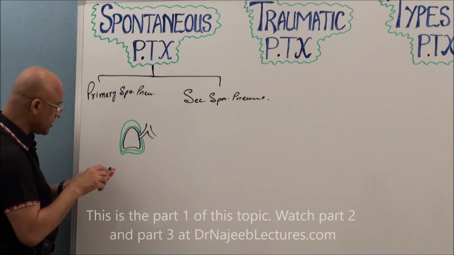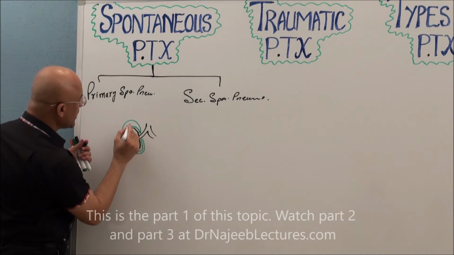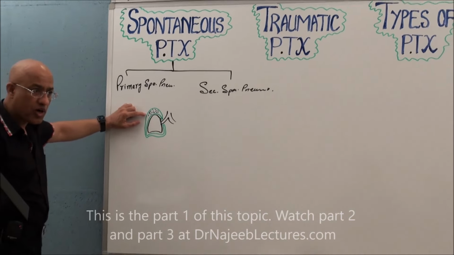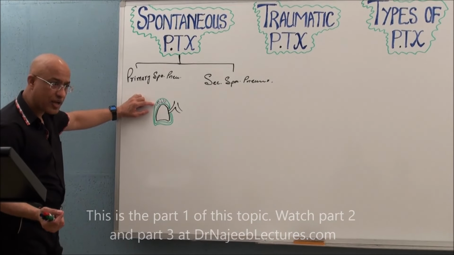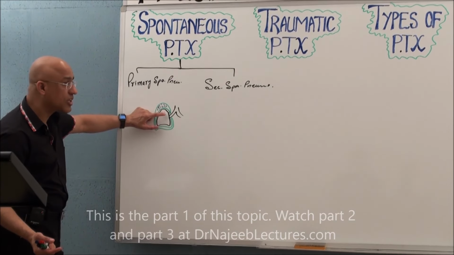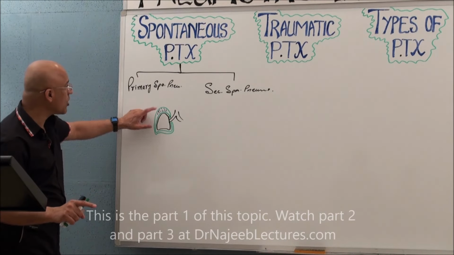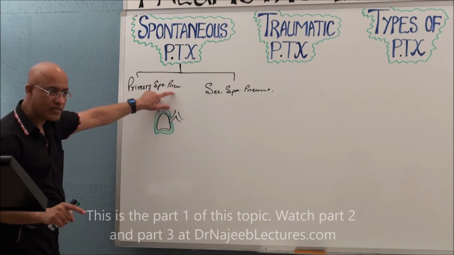And air is here. Let's suppose this is the air. Now, if someone has air in the pleural cavity and it suddenly came, it is spontaneous, and there is no significant underlying lung disease, right? Then we will call it primary spontaneous pneumothorax.